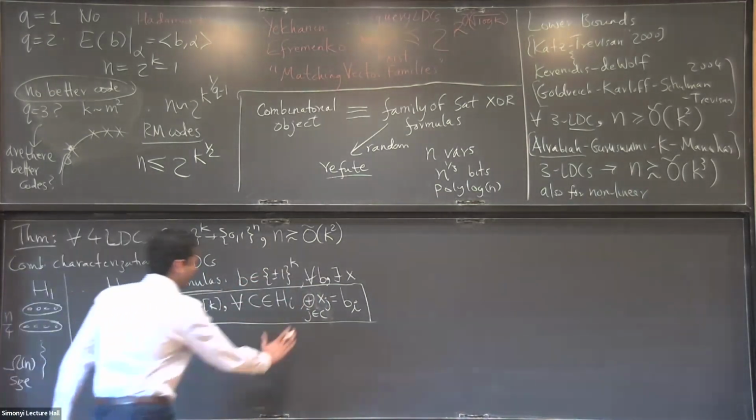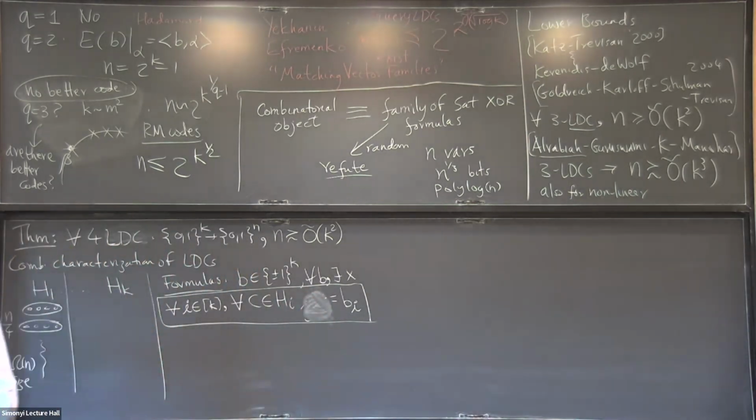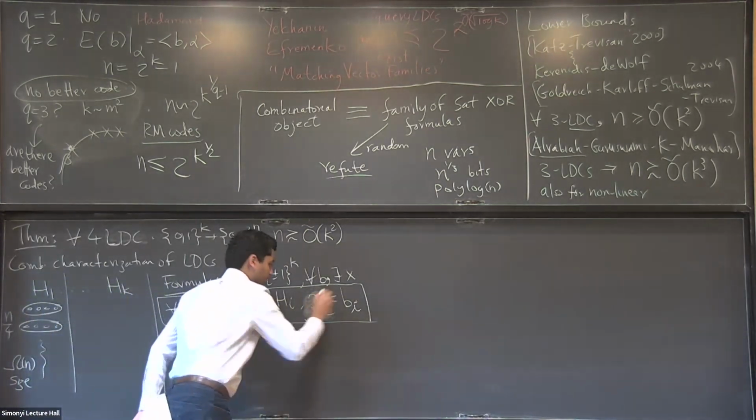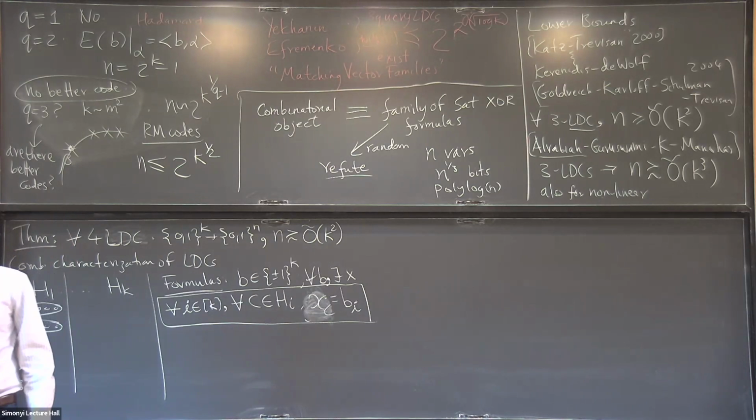And I'm going to go to the world where x's also take plus minus 1 values instead of 0, 1. And then addition becomes product. Good. So x_c just means the monomial which is the product of x_j's, where j is in c. Any questions about this?